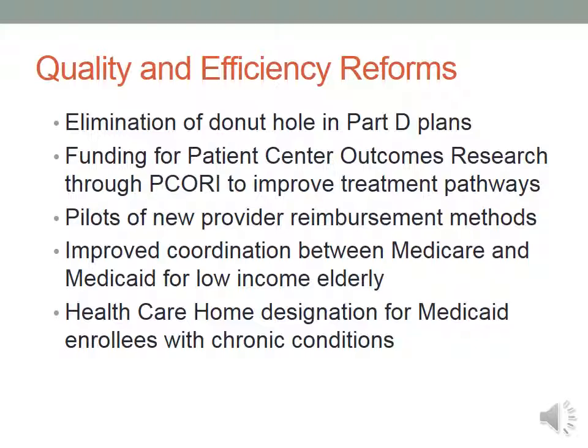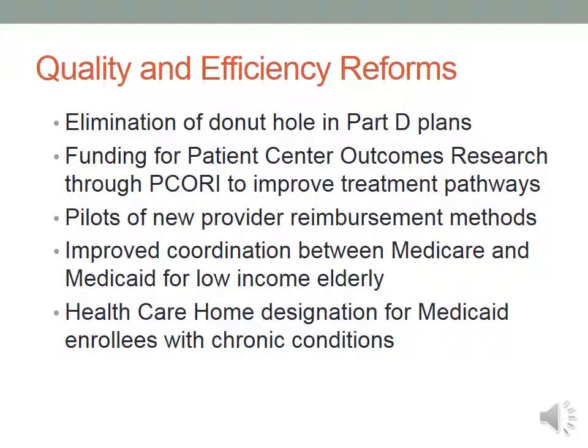There was funding for something called the PCORI, or Patient-Centered Outcomes Research Institute, and that is a grant-making agency that gives money for research to figure out the best pathway to good outcomes, looking at the treatment plans and treatment pathways, which ones work better for which kinds of patients.